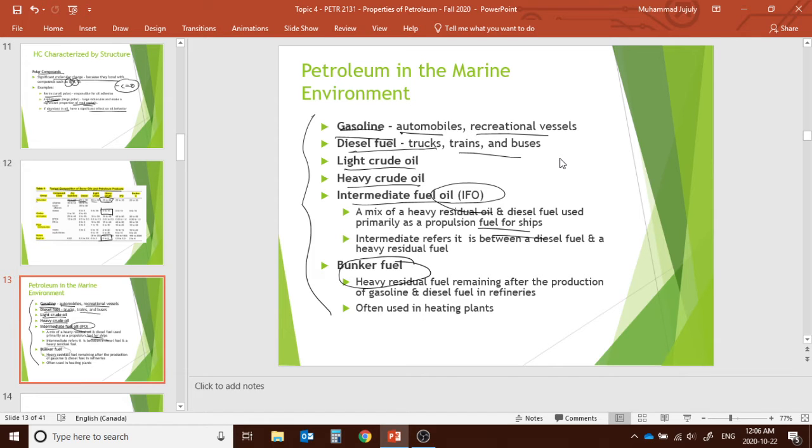The bunker fuel is a heavy residual fuel remaining after the production of gasoline and diesel fuel in refineries, and is often also used at heating plants. So all these types of oils can be found in the marine environment. There is a chance of exposure to all these types of oils in the marine environment.